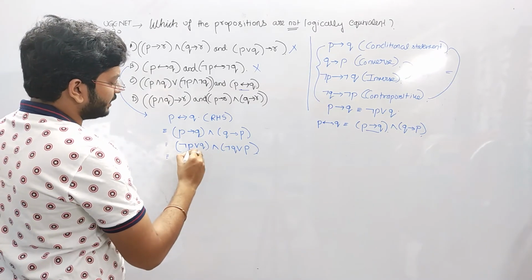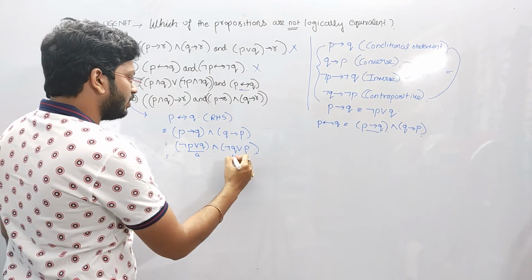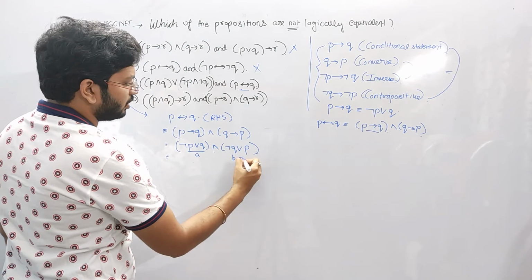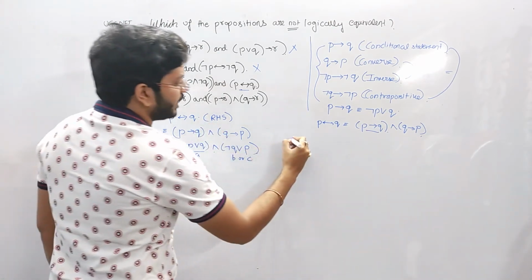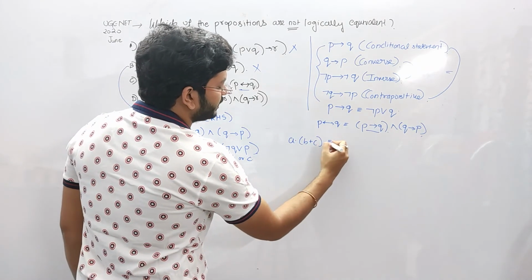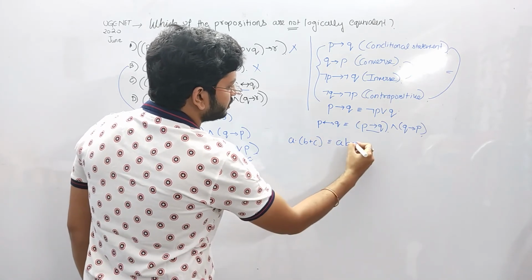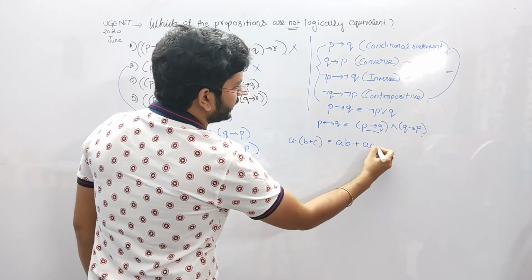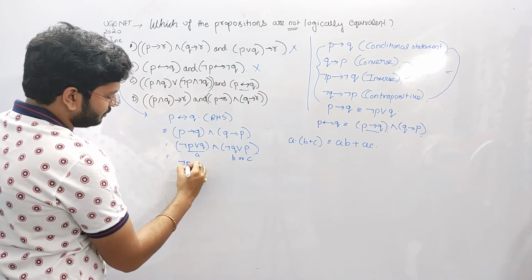That is, I am taking this part as A, and A dot B or C, this one is my B and this one is my C. That is, we have A dot B plus C. It can be generally written as AB plus AC.